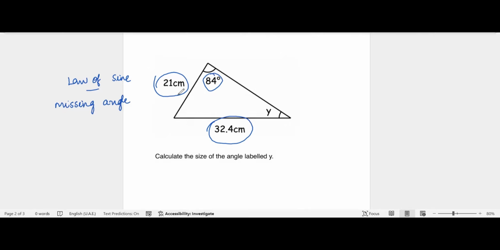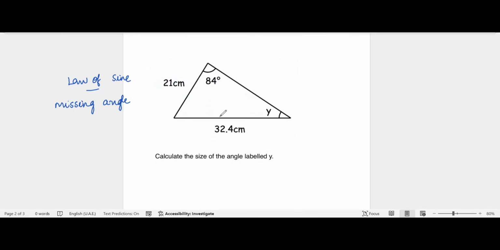So this is the rule to use law of sine to find the missing angle: two sides should be given and an angle opposite to one of the sides should also be given. In this case, again, we can use law of sine.